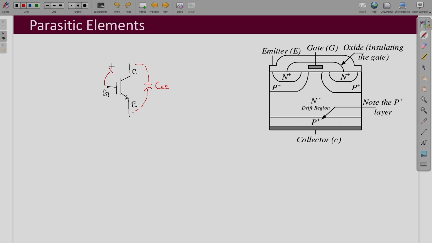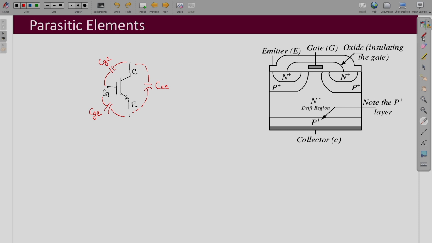Then there is capacitance between the gate and collector, which is your gate to collector capacitance, and then there is capacitance between gate and emitter, which is your CGE. Okay. So, this is similar to what we had seen in case of MOSFET also. So, the turn on and turn off characteristics of the IGBT are very similar to the MOSFET. Over there 3 capacitances played a role in turning on and turning off, and similarly it is so in IGBTs also.